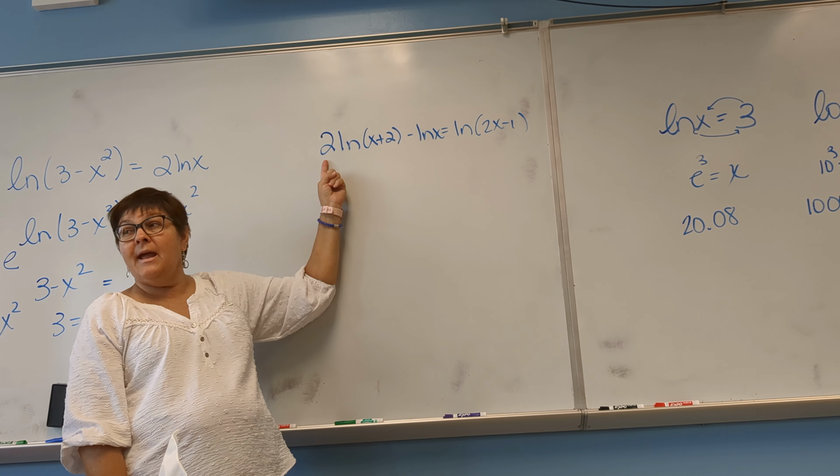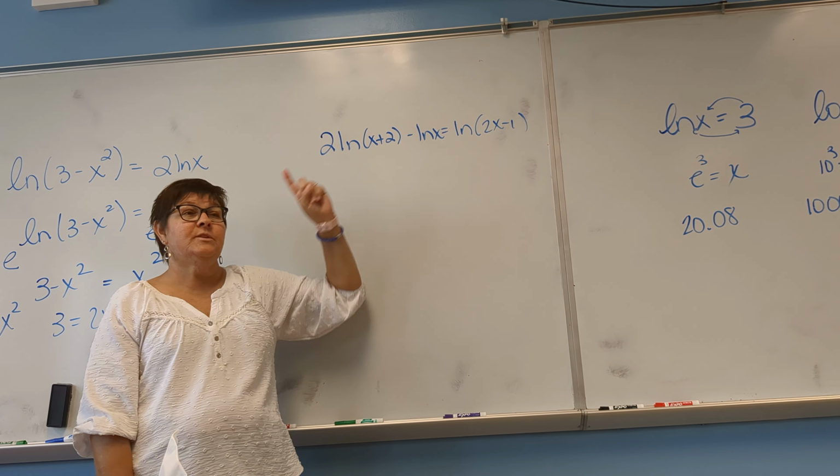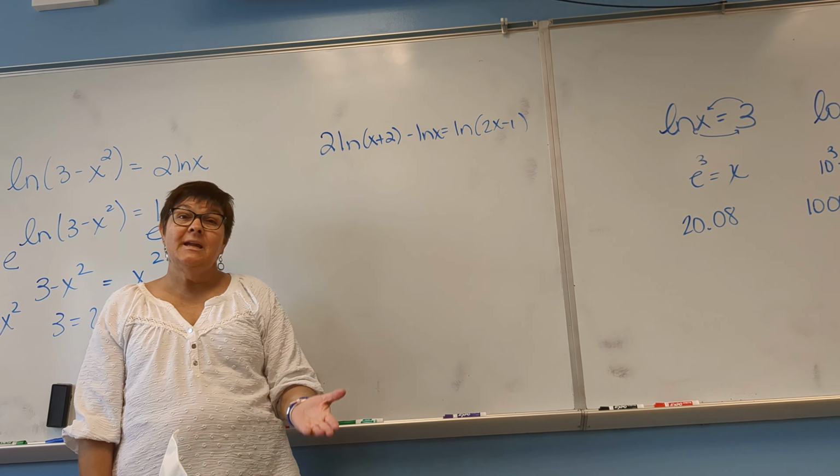Then I go, oh, there's a subtraction, which means I can rewrite it as a division. Go ahead and clean this left-hand side up for me. And then I recognize, oh, that's pretty cool, I can rewrite this because the subtraction means division.